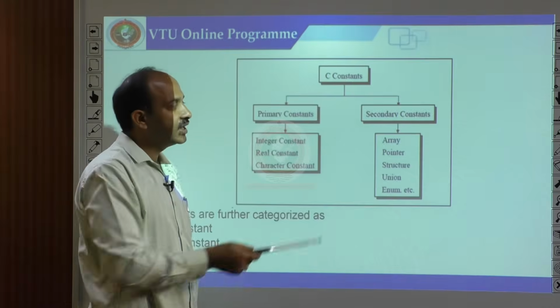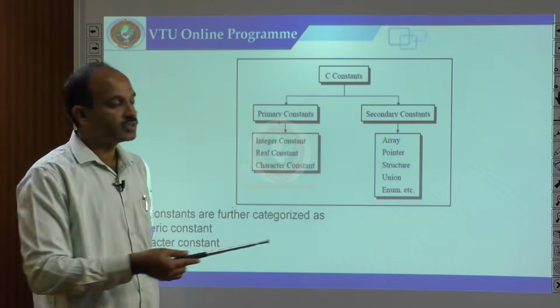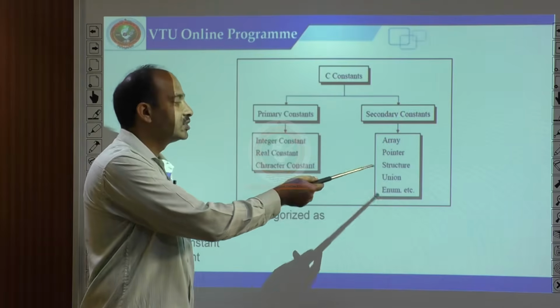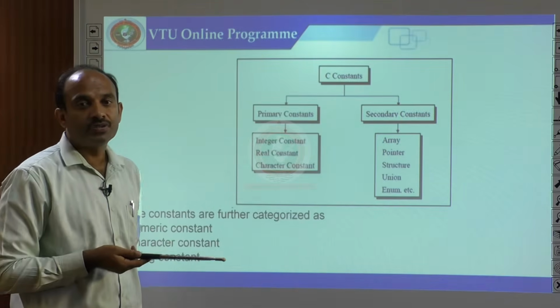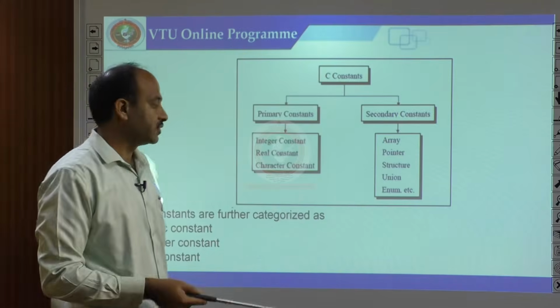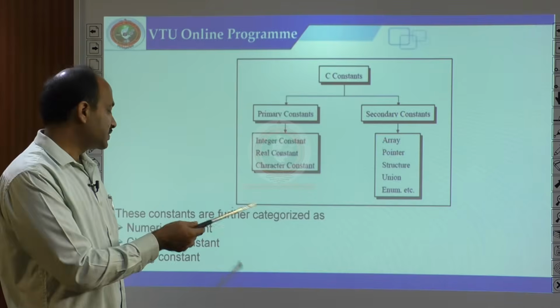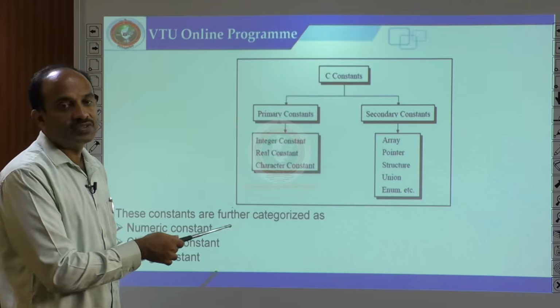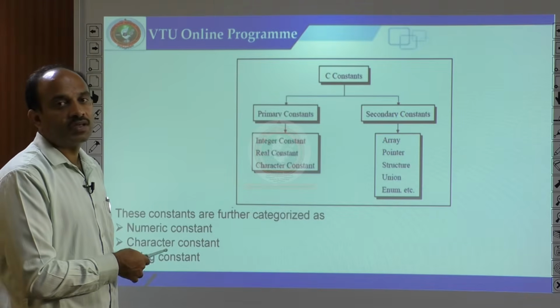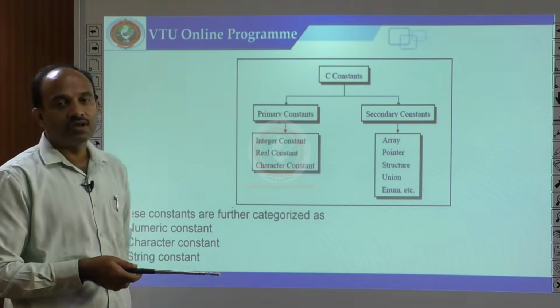When you talk about secondary constants, these are all your other data structures like array, pointer, structure, union, enumeration. So, these are all secondary constants. These constants are further categorized into numeric constant, character constant and string constant.